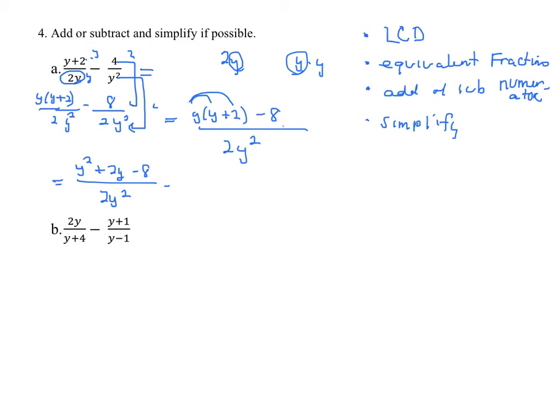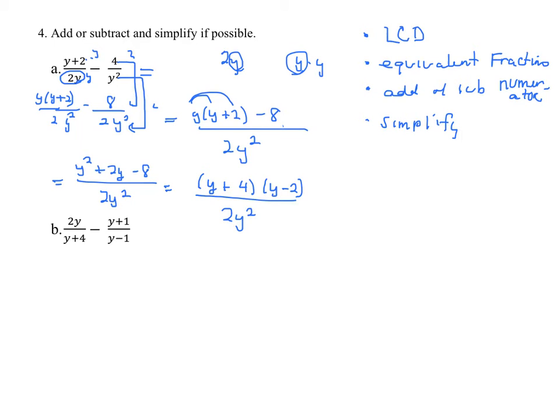Now, just for fun, we're going to factor the numerator into y plus 4 and y minus 2. But you guys, there's nothing we can divide out here. So you can type your answer in your homework assignment either way for these, because the simplification is not there.